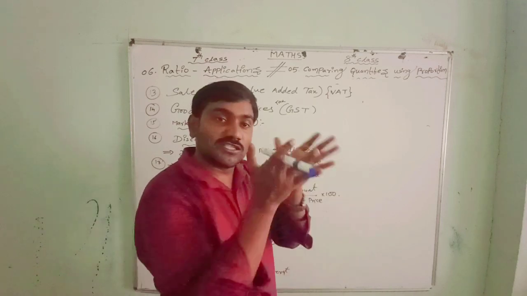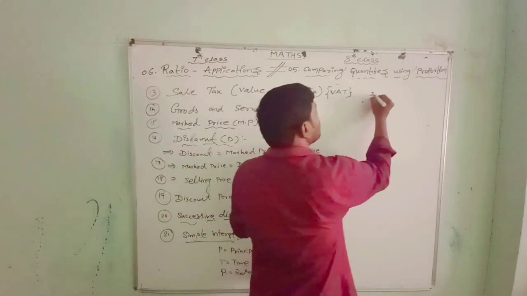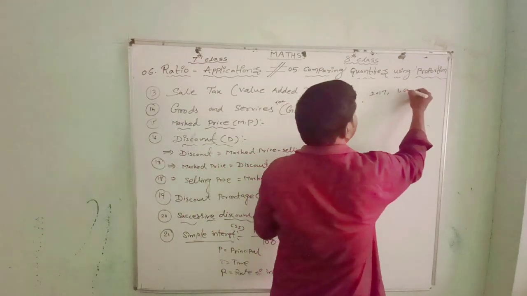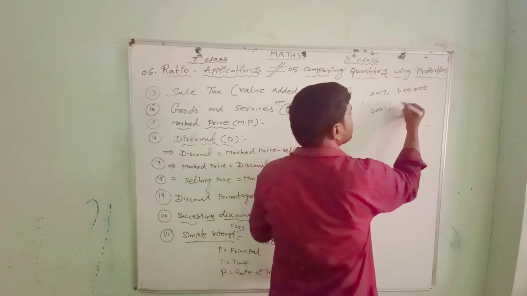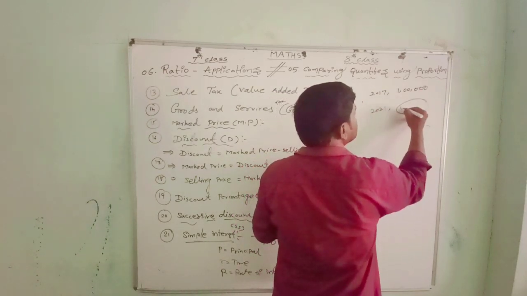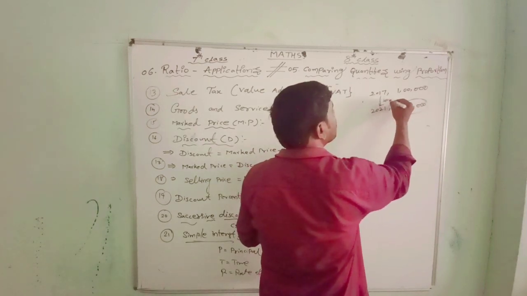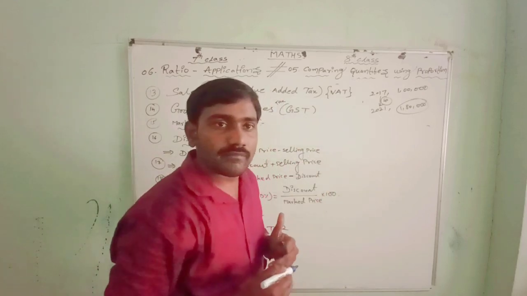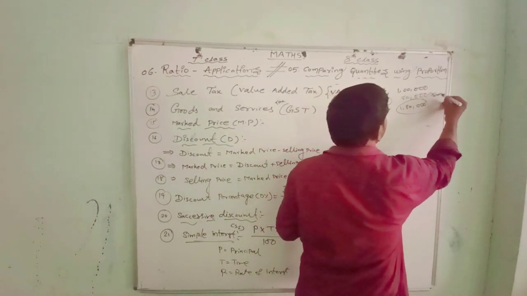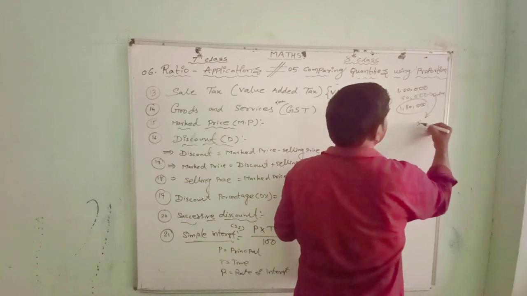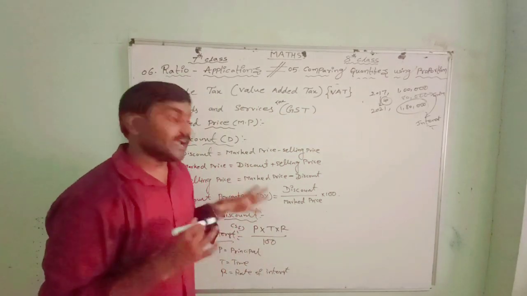Suppose I have taken 1 lakh rupees in 2017, then in 2021 I paid 1,80,000 rupees. That means for 4 years I have kept that amount with me. So for that I am paying 80,000 rupees extra. This extra amount is known as interest.